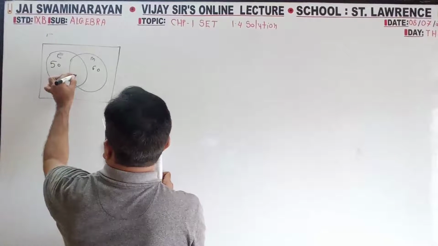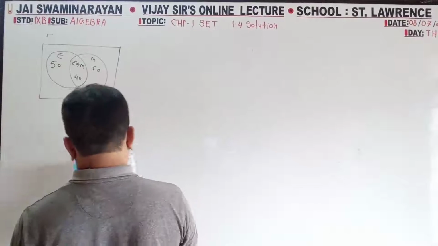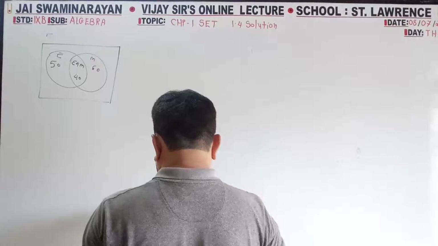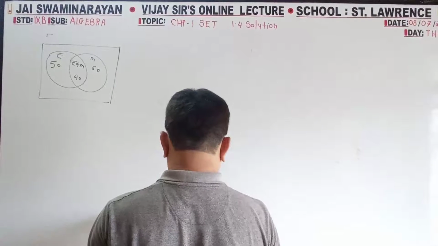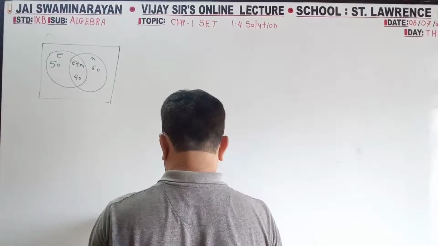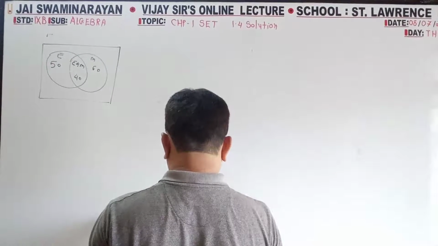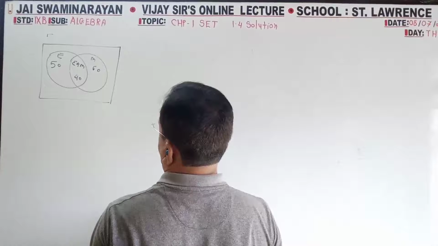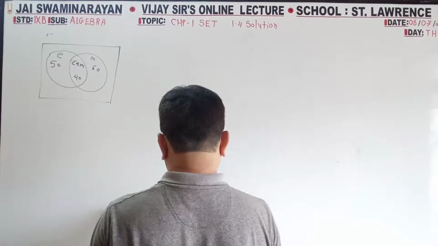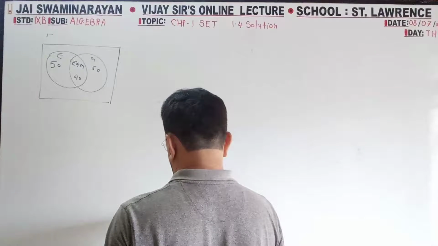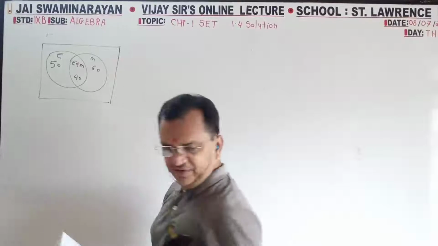There are 40 students passing both English and maths. No one of them fails in both. So find the number of students who pass at least in one of the subjects. Correct? No one is failing both.